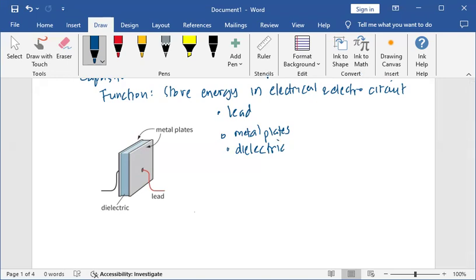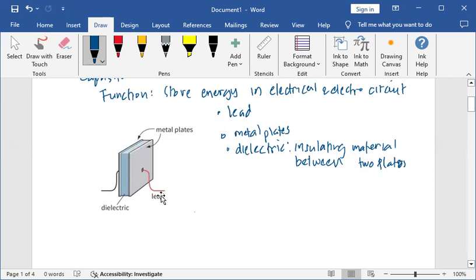The dielectric is an insulating material between two plates. Kira-kira inilah bentuk dari capacitor.